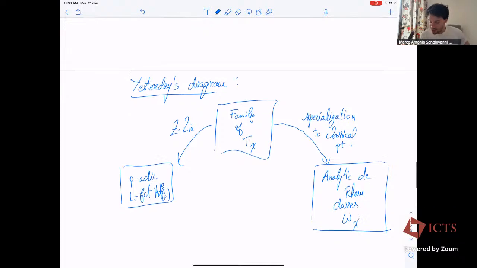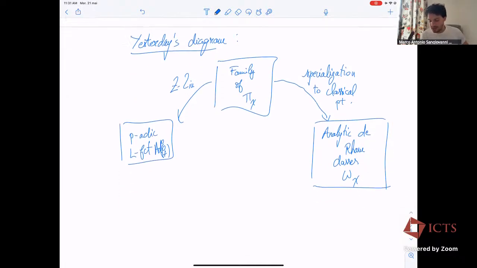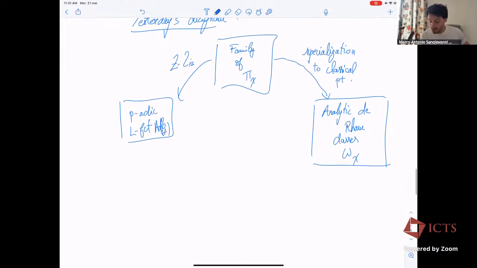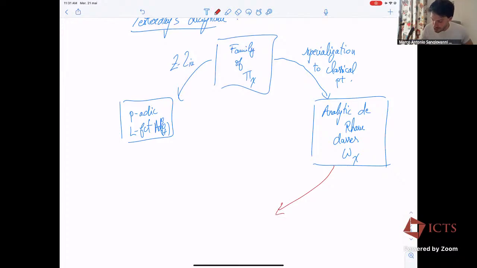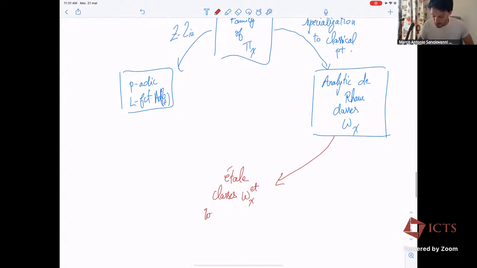This gives me an analytic de Rham class, omega chi. And now in this talk, I want to explain a little bit this arrow, upgrade to etale classes, omega chi etale, with known Galois action.